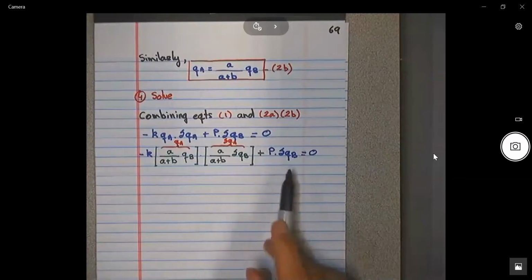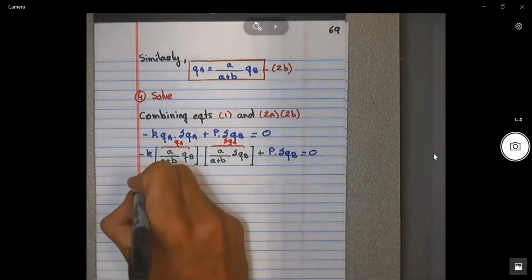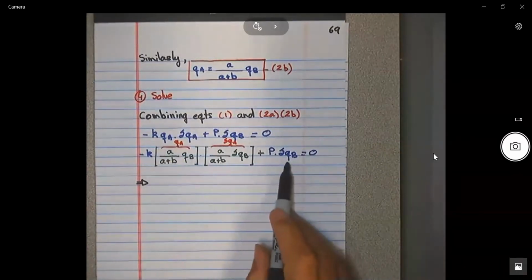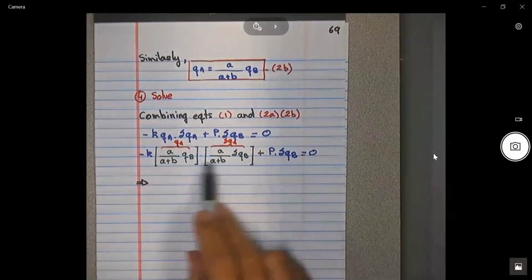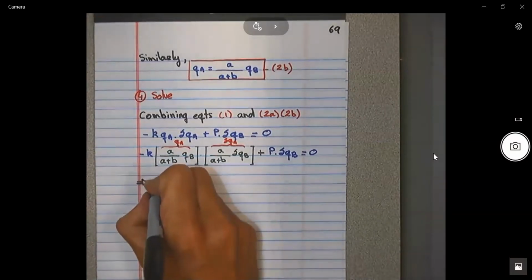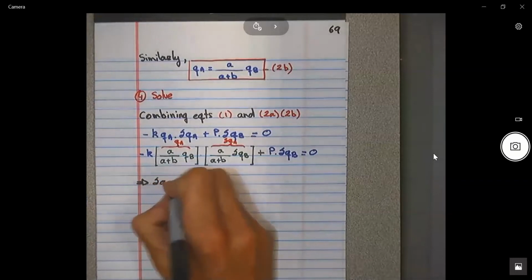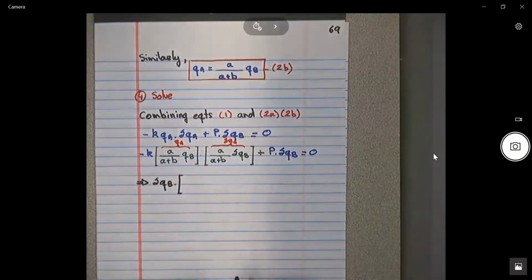Now the only virtual displacement we have is delta q sub b in every single term, so you can factor out delta q sub b. And what are you going to have?